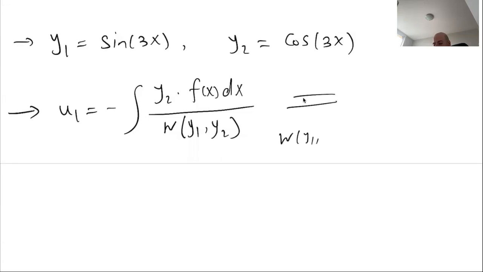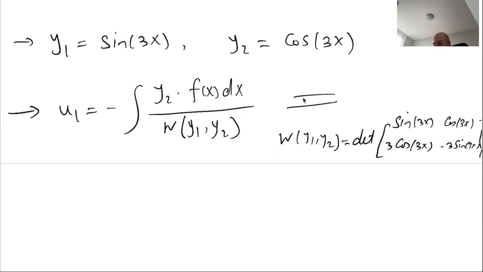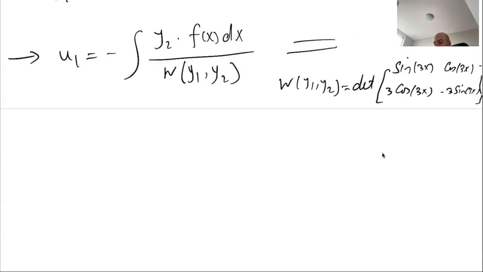W of y1 and y2 is the determinant of sine 3x, cos 3x, the derivative of this, which is 3 cos 3x, and the derivative of this, minus 3 sine 3x. So then I have to multiply this with this: minus 3 sine squared, minus 3 cos squared. Sine squared plus cos squared is 1, so this will be minus 3.